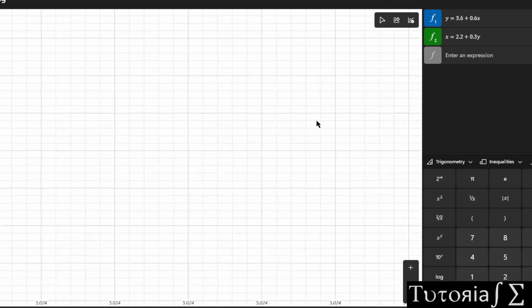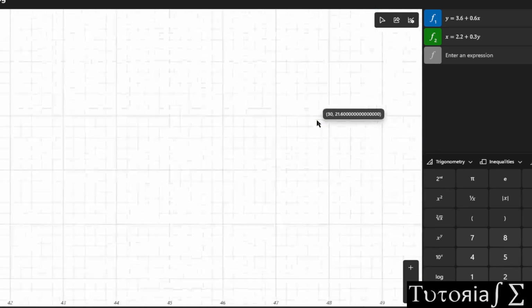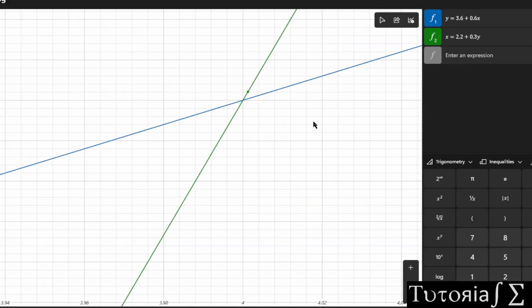So let me just zoom in. So we see right there that when we zoom in, these lines are meeting at approximately 4, 6. You see, that is 4.00, 6.00. So they're meeting at (4, 6).